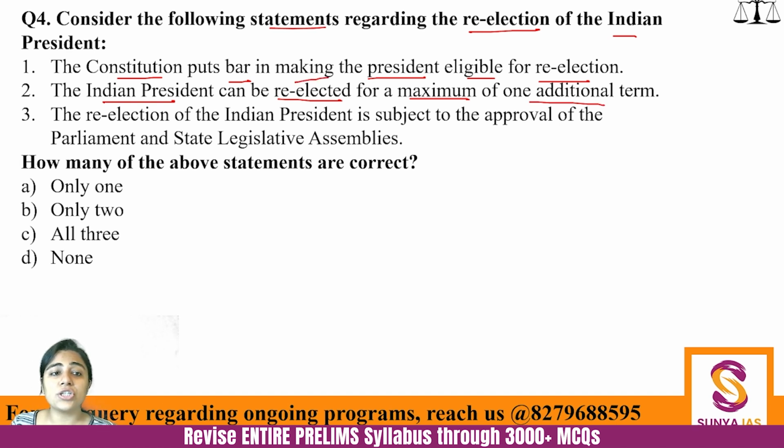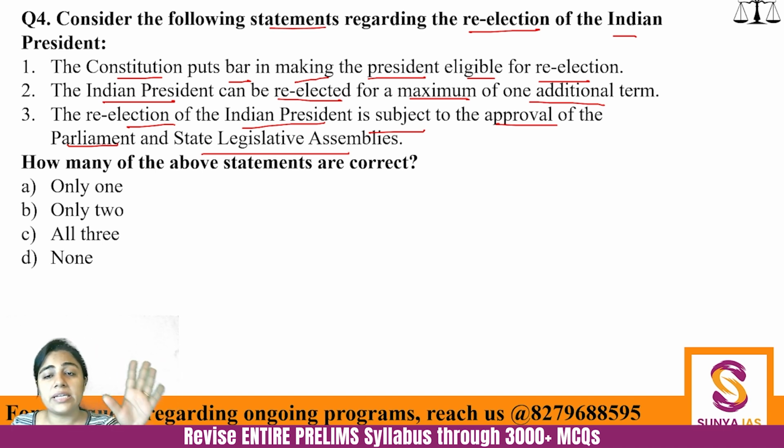The re-election of the Indian president is subject to the approval of the parliament and the state legislative assemblies. How many of the given statements are correct? Now please read this very carefully. The Constitution does not put any bar on re-election. A person can be re-elected any number of times, and please put this down in your notes: no bar on re-election.